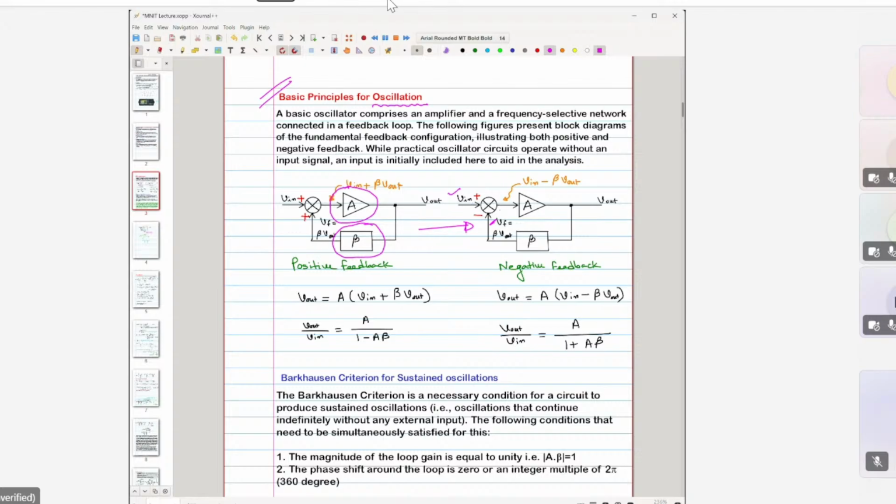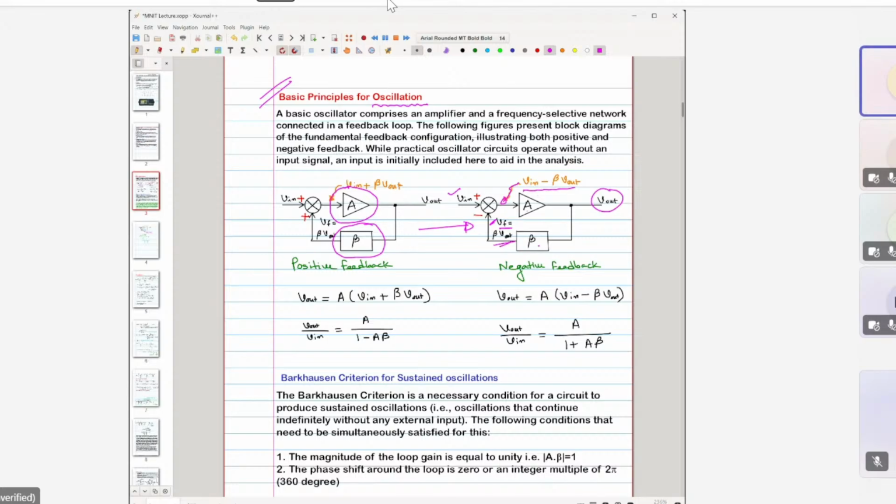Here you can see this is V in, and this signal is VF. As I already mentioned, if this is V out, then V out times beta gives you VF. So this signal would be given by V in minus beta times V out.